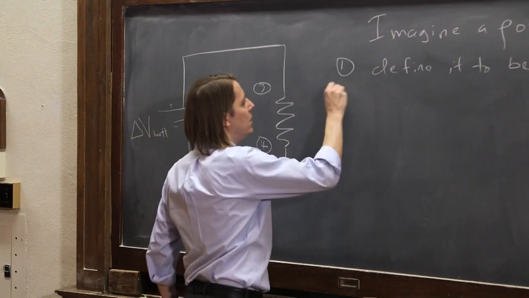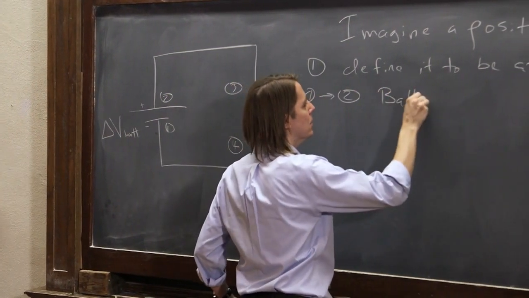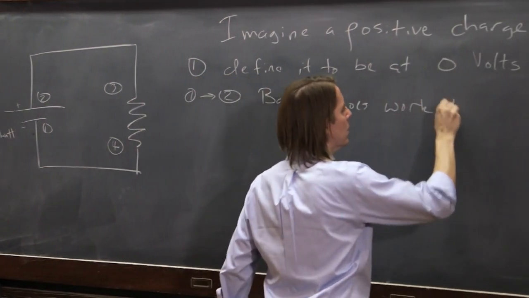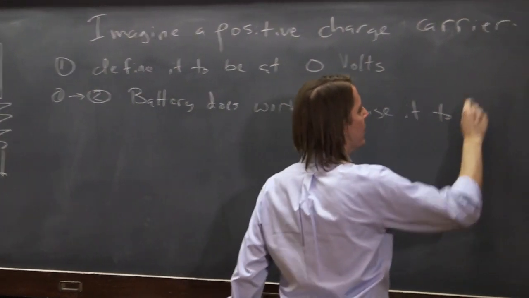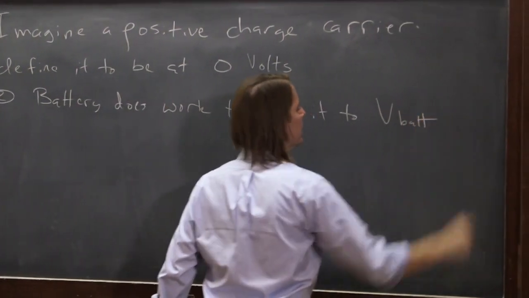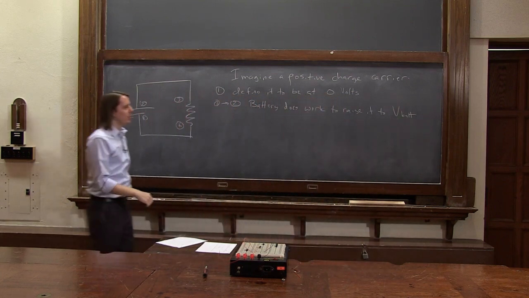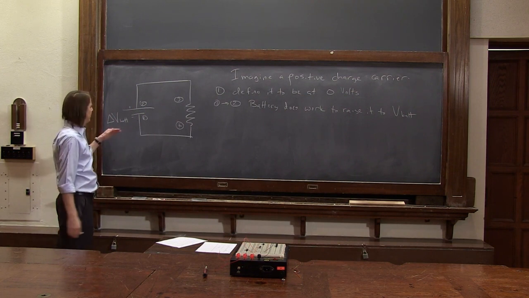When it goes from 1 to 2, the battery does work to raise it to V bat. We don't have to call it delta anymore because we've defined 0. So it went from 0 volts to V bat volts.